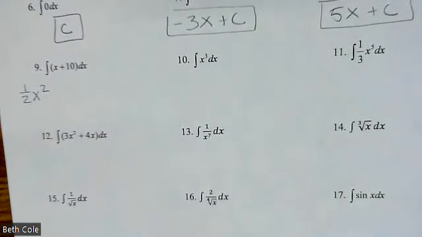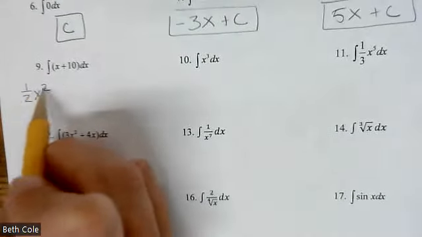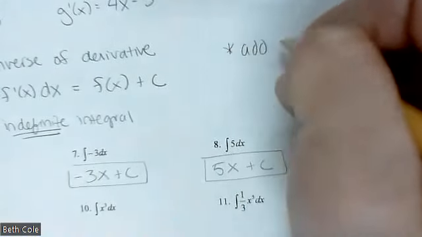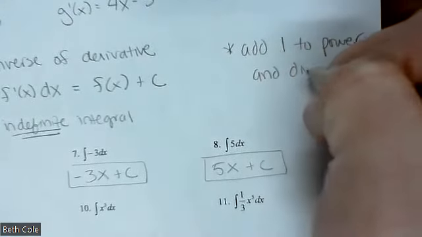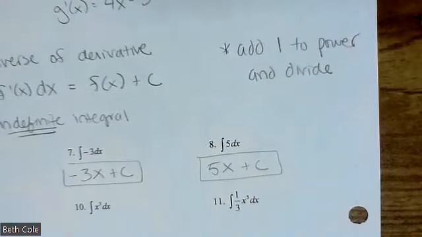So let's break down what you did there. You added 1 to the power. That's how you got the squared. And then you divide by that number. So let me write that down here. You add 1 to the power and divide. It is the power rule in reverse.